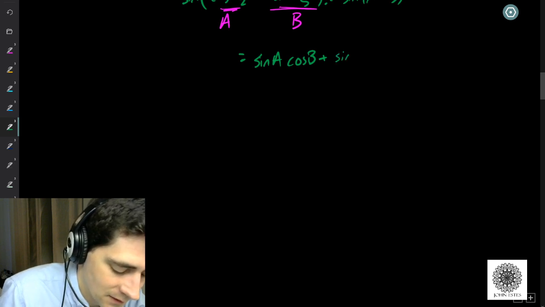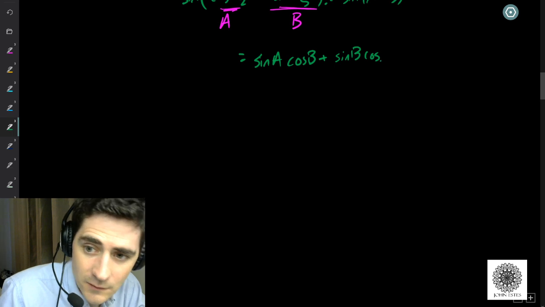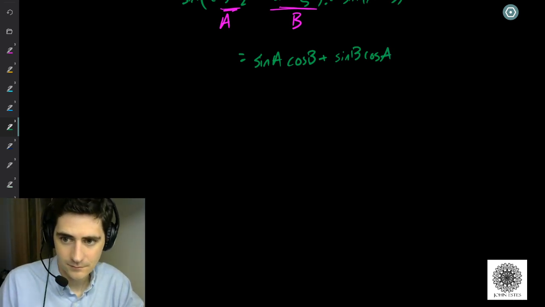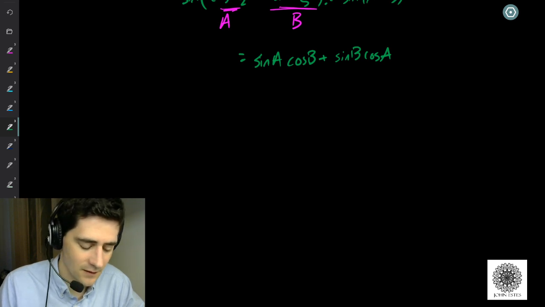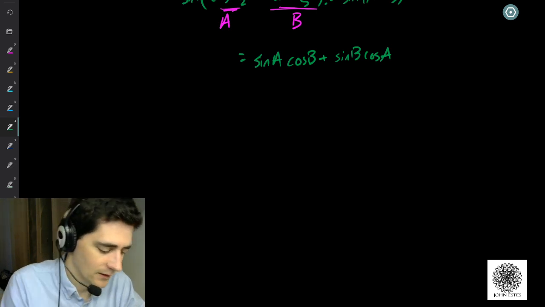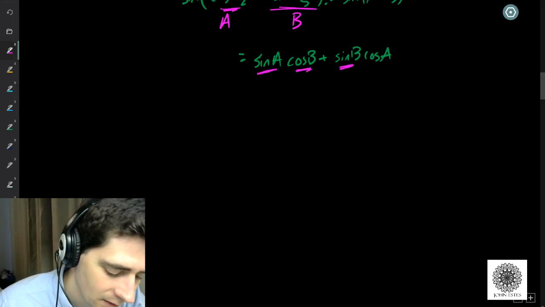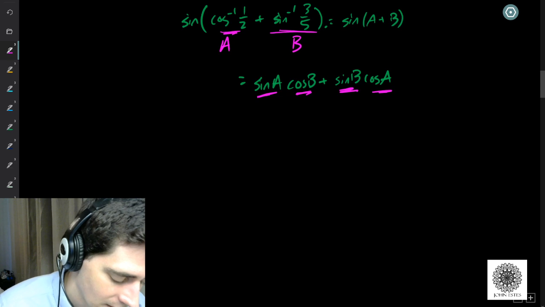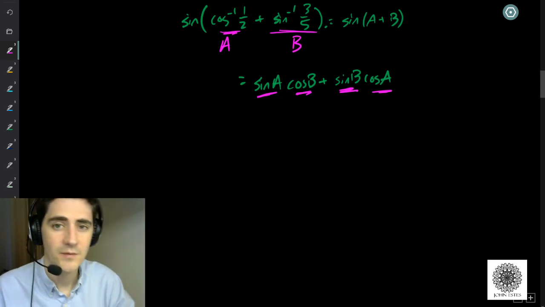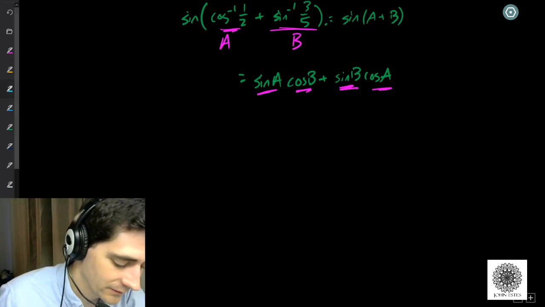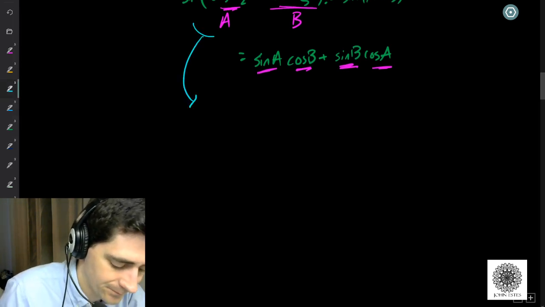So that's sine A, cosine B plus sine B, cosine A, like that. Now from there, I just need to figure out what I need to know: sine A, cosine B, sine B, cosine A. And can I do that from the inverse trig functions? Yes, I can.